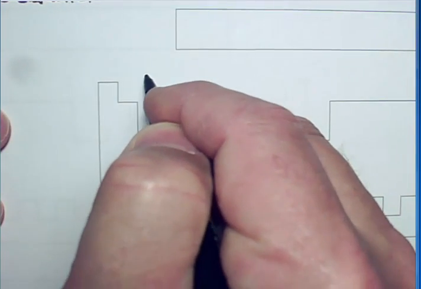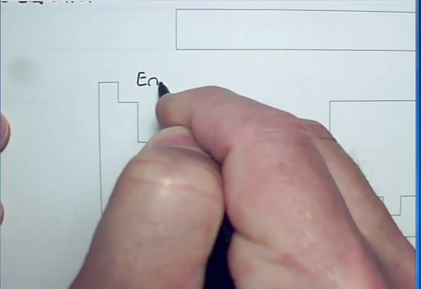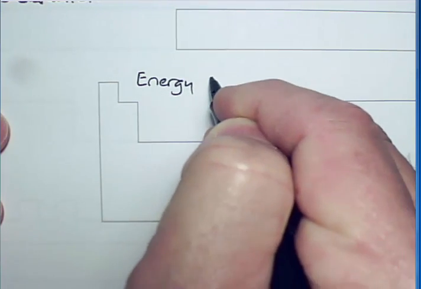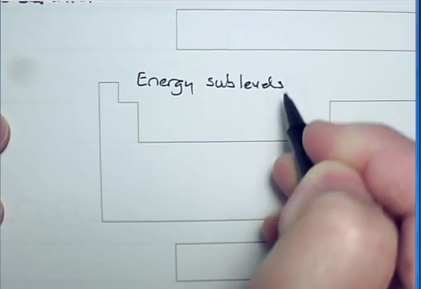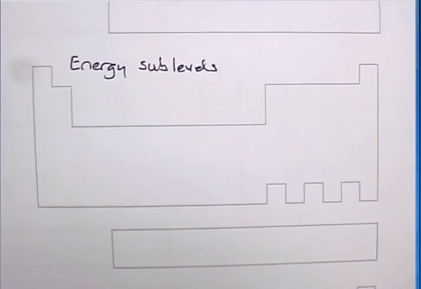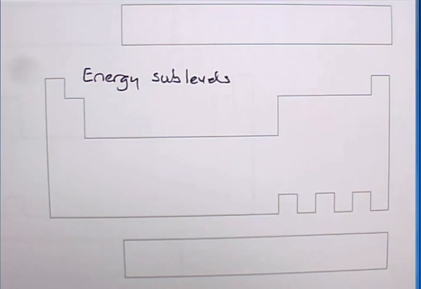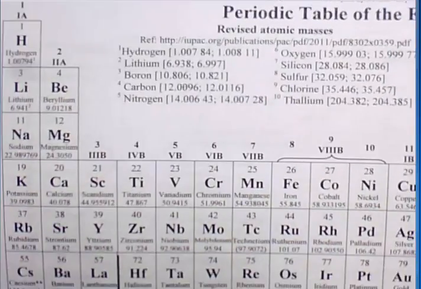So, energy sublevels. If you have your periodic table, your test references, get that out in a minute. We're going to keep going back and forth and referring to that.